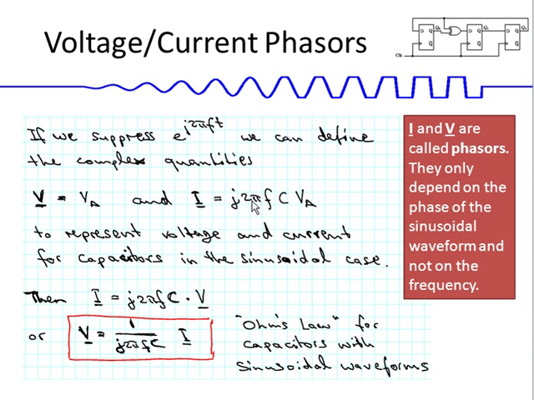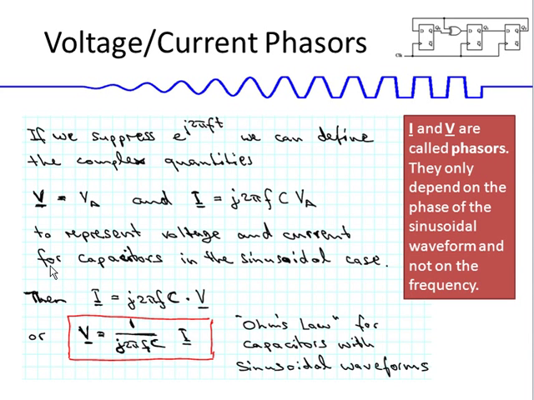So this is the part that was in front of the e to the j2 pi ft in the expression for the capacitor current. And we're going to represent now the voltage and the current through those two complex numbers, this V underbar and the I underbar.